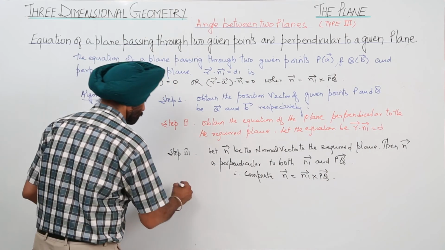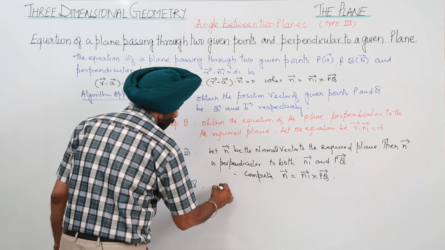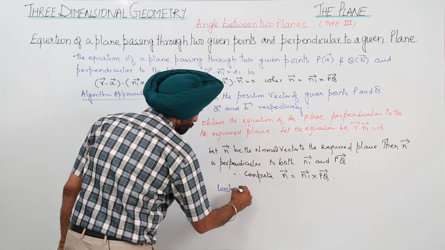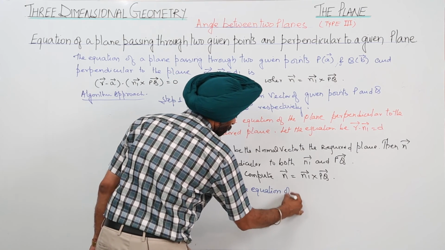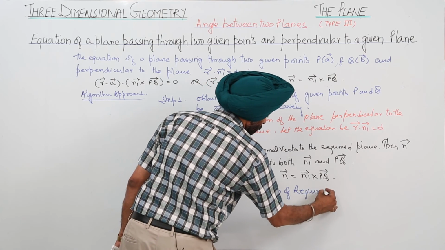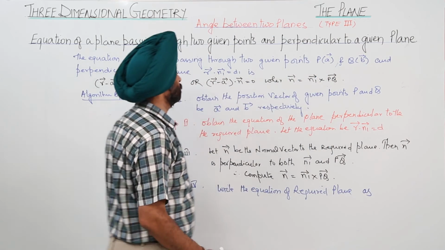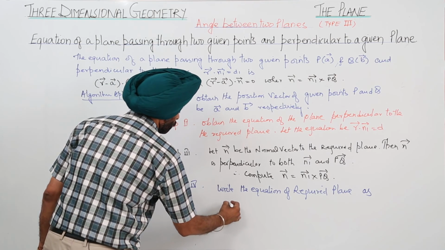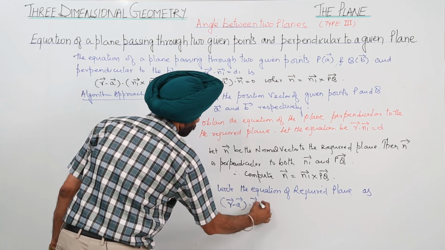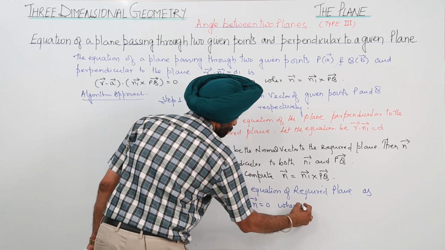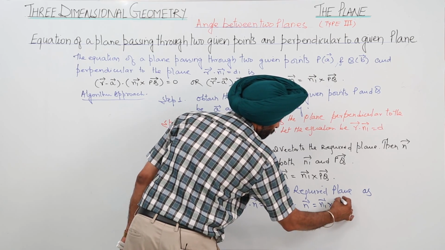Step 4. Write the equation of the required plane as vector r minus vector a dot vector n is equal to 0, where vector n is equal to the cross product of n1 and vector pq.